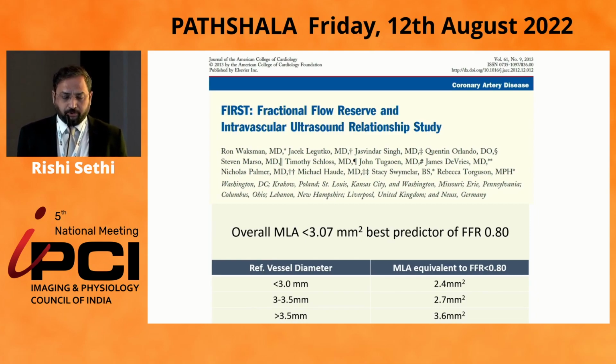They further went on to show that this MLA cutoff may be different for different reference vessel diameters. For example, for vessels that were less than 3 millimeters, the MLA cutoff showing FFR positivity was 2.4 millimeters square. For vessels between 3 and 3.5, it was 2.7. And for those vessels that were greater than 3.5, it was 3.6 millimeters square.